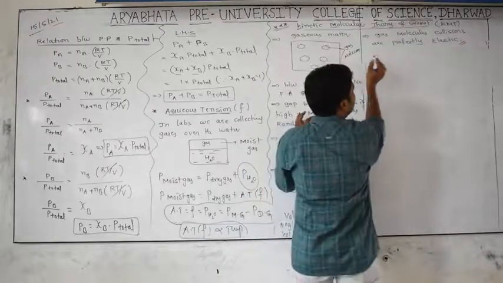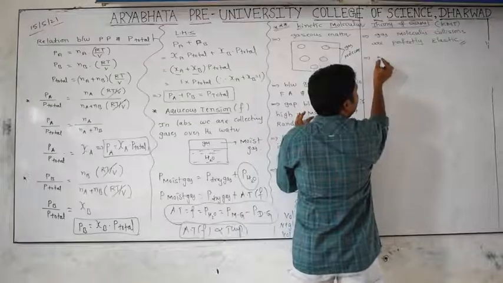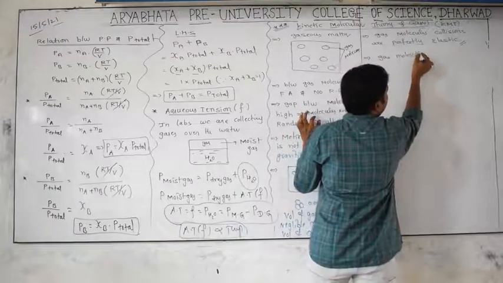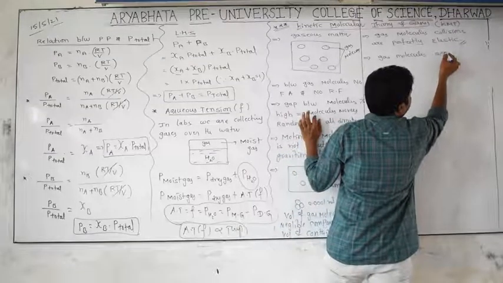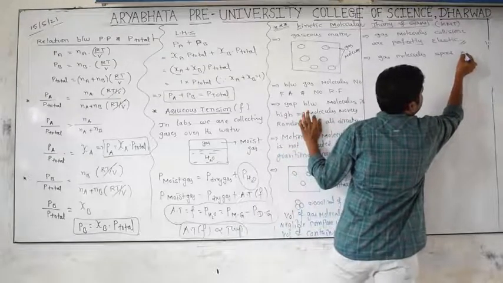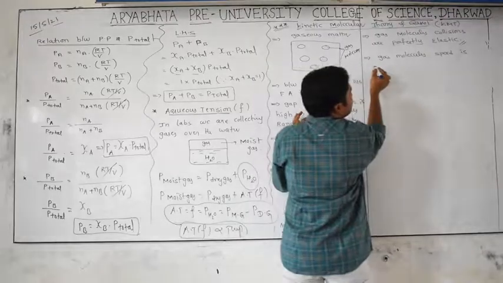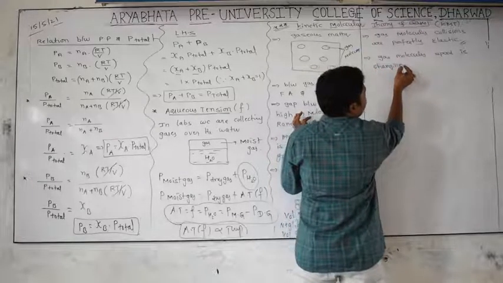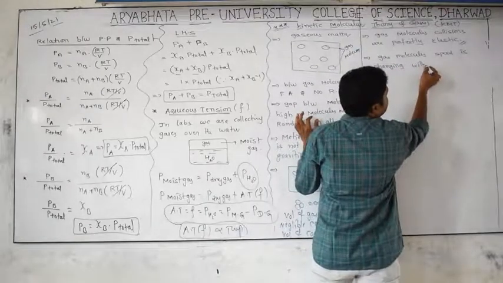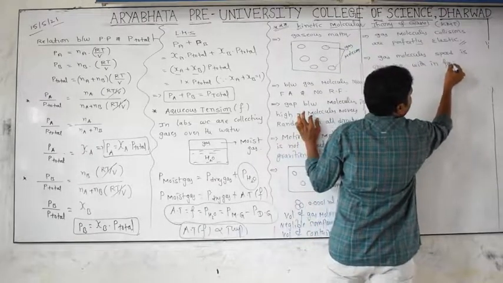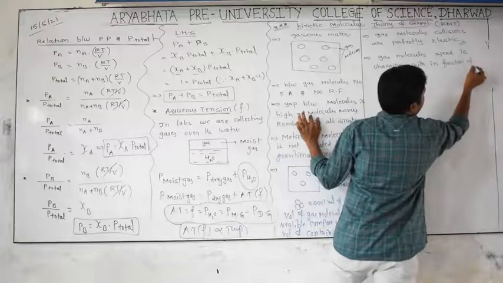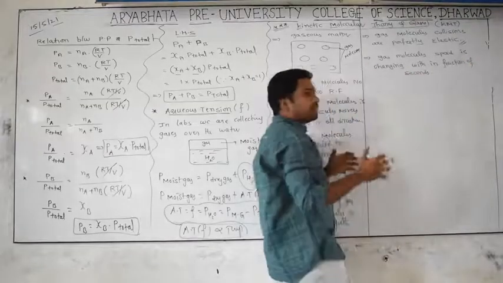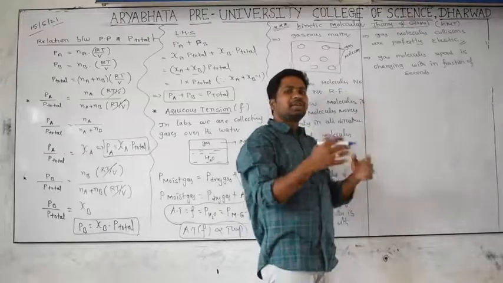One more thing I want to tell you: whatever gas molecules are there, the gas molecules' speed or velocity is changing within fractions of seconds. Why like this, sir? Why do the molecular velocities change frequently?